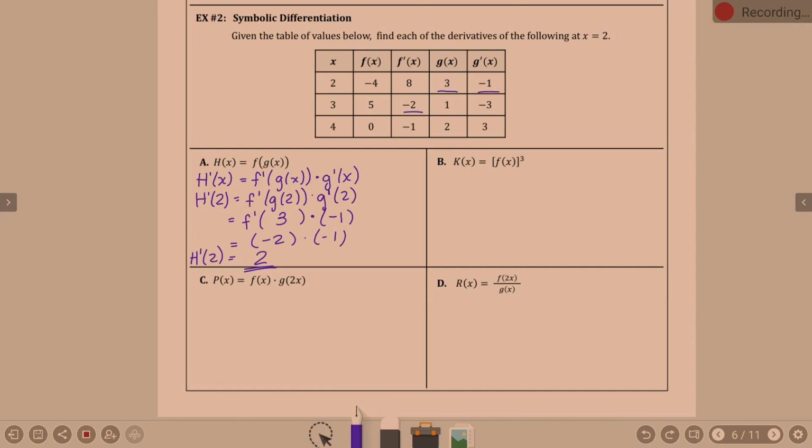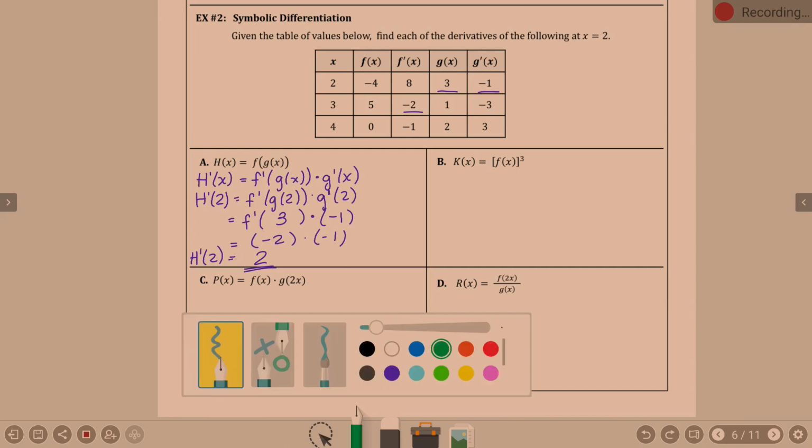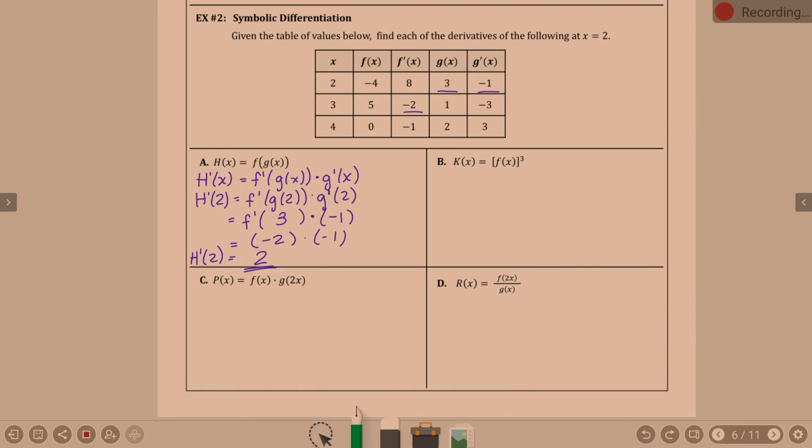Okay, what about B? K of x equals f of x quantity cubed. Let's start off writing the rule for k prime of x.